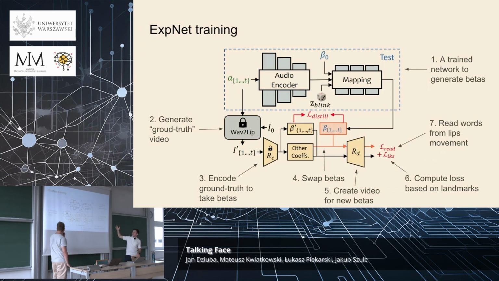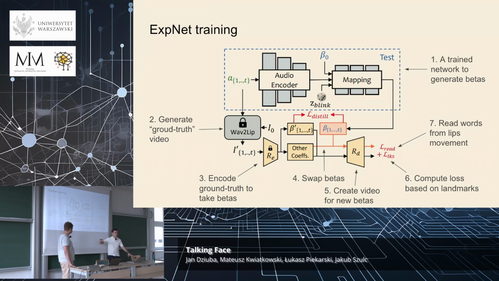Okay, so this is the ExpNet training. I don't think that we should say a lot about it. Yeah, it seems like not. But I only want to mention one thing: they use other models to generate losses during the training, and they assume that they don't have ground truth video.